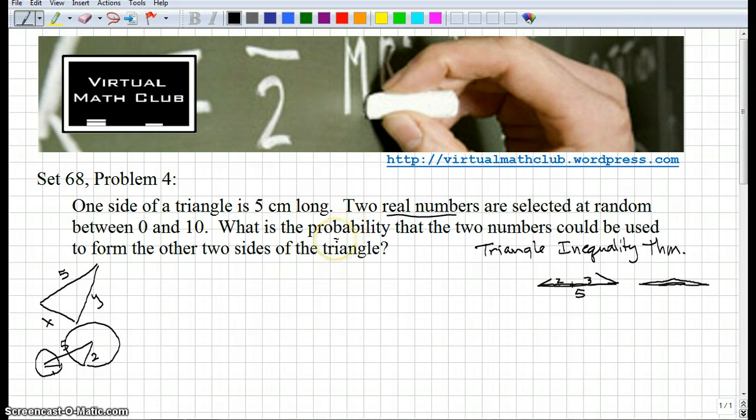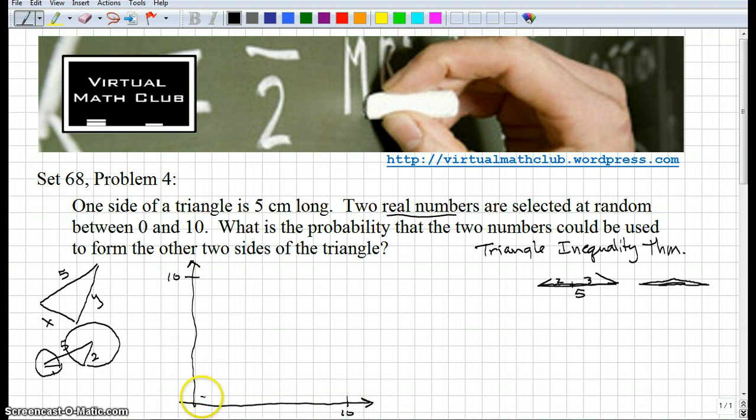What we need to do is think of it in terms of geometry. And we've got two variables. We have two real numbers. So what I'm going to do is show one of the sides on one axis, and so essentially we have two number lines here. Okay, and we're going to choose something between, let's call this 10, and let's call this 10.